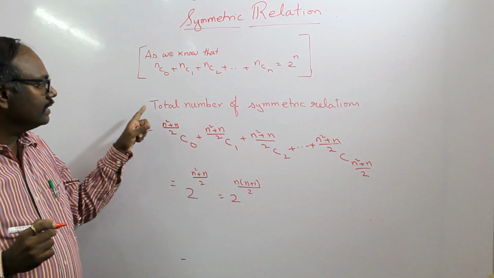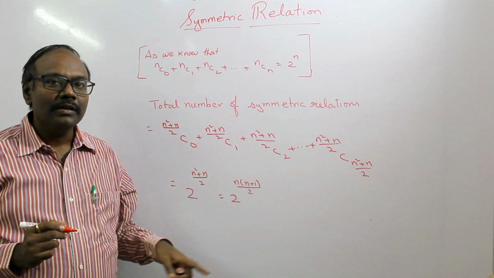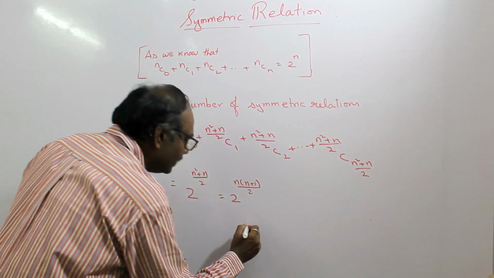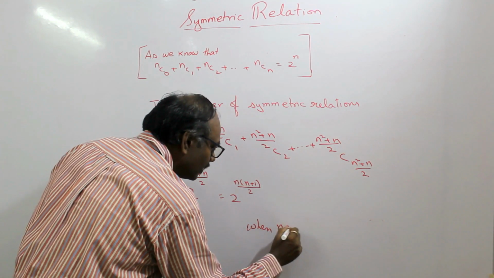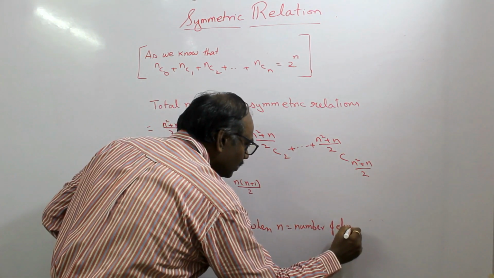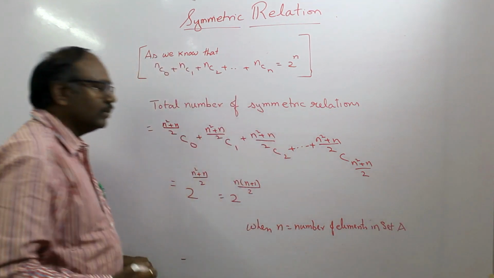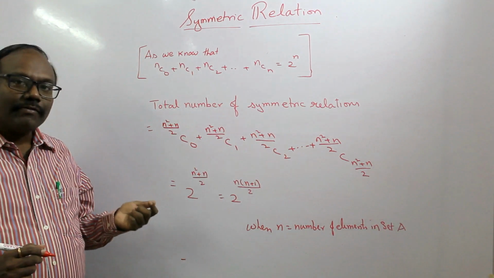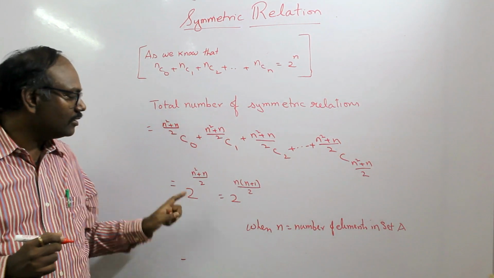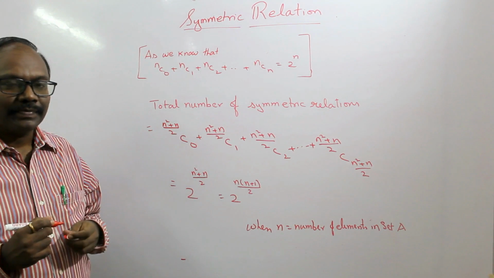So hence we could see that the total number of symmetric relations is 2 to the power of n(n + 1)/2, for number of elements in set A equal to n, where n is the number of elements in set A. So here we are finding the total number of symmetric relations that can be made on set A containing n elements, which is equal to 2 to the power of n(n + 1)/2. So please make a note of this.